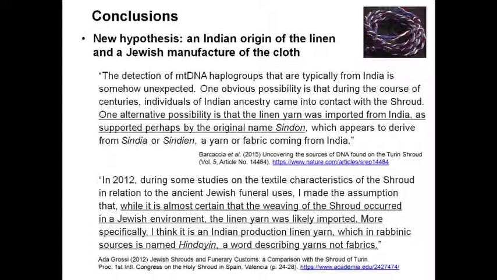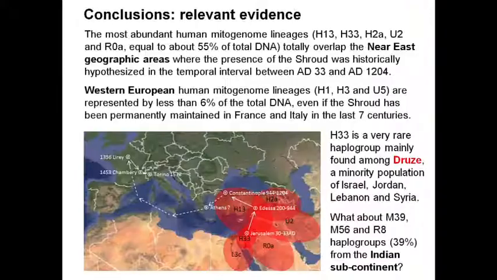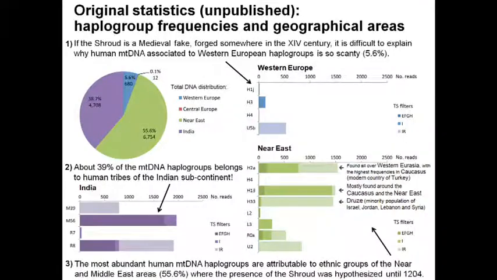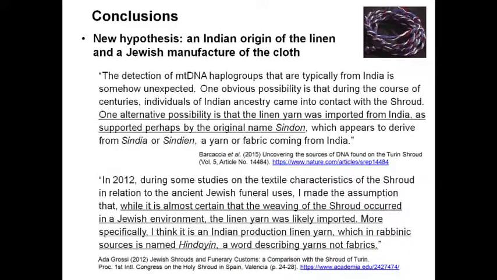A few months later, after our publication, I was contacted by Ada Grossi, who wrote me after having read my paper in 2012, during some studies on the textile characteristics of the Shroud in relation to the ancient Jewish funerary uses.